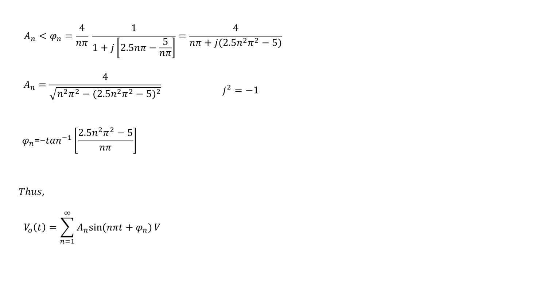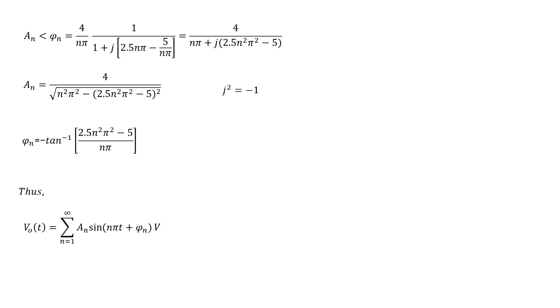Okay, and then for the phase, which we can find from the equation An phase as well. This 2.5 n squared pi squared minus 5 over n pi is basically after we have put in the denominator n pi at 2.5 n pi.